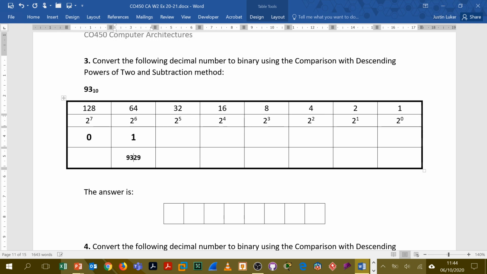Write that down in full. So 93 minus 64 equals 29.